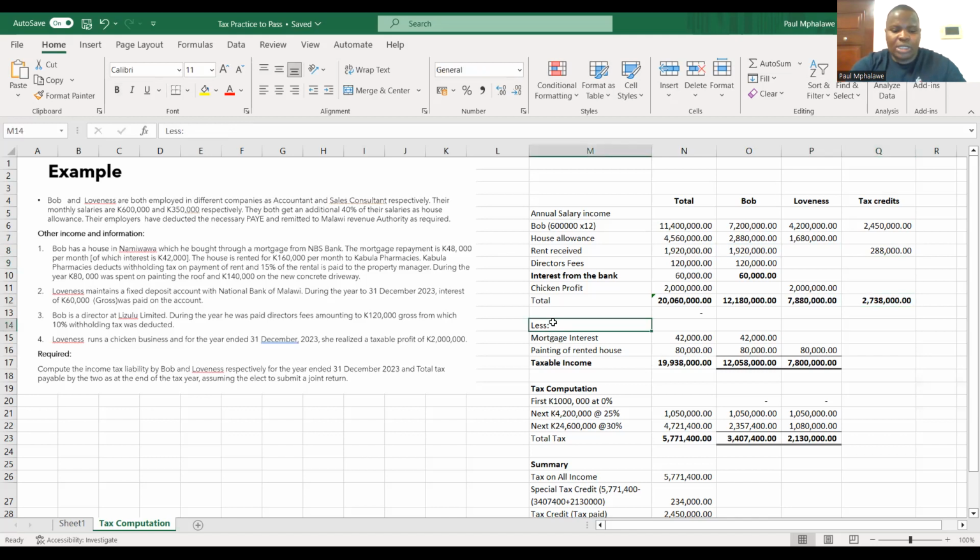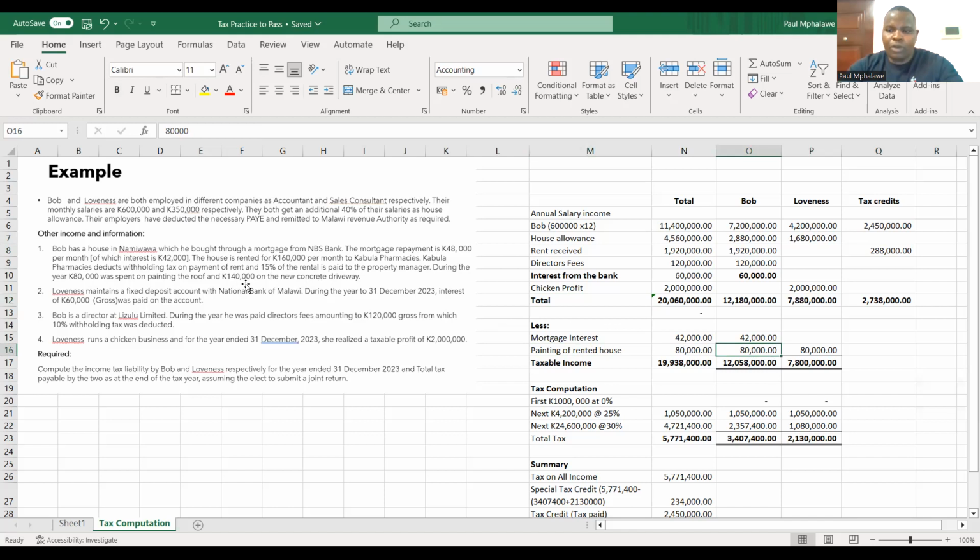Now we need to reduce the total income with allowable deductions, allowable expenses for tax purposes. The first one is mortgage. The mortgage repayment is 48,000, of which 42,000 was interest. So interest paid on mortgage is 42,000. Then the painting of the house, we are taking 80,000.